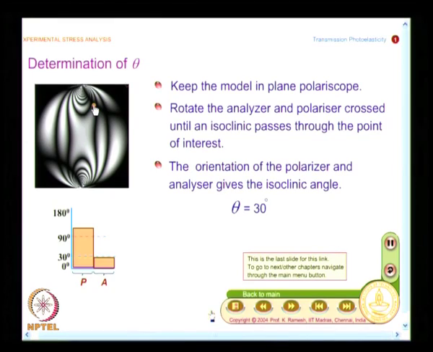And you will also have to keep in mind, when you are looking at compensation technique, when I do the compensation, which fringe order has moved and filled the point of interest. I am telling you in advance, so that when the animation comes, you observe these subtle points. First thing is, it is applicable only to the point of interest.